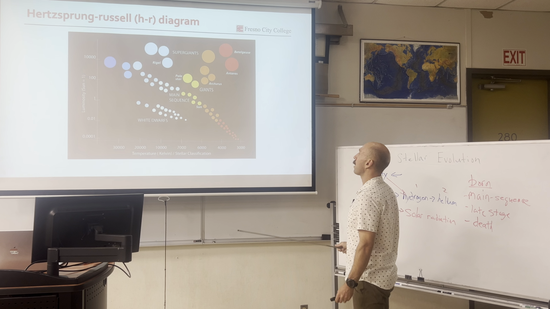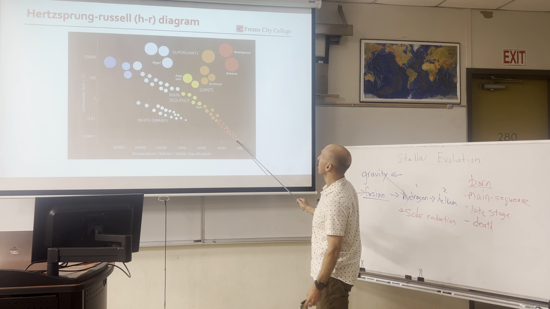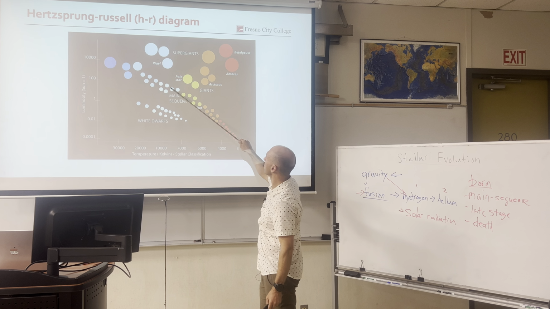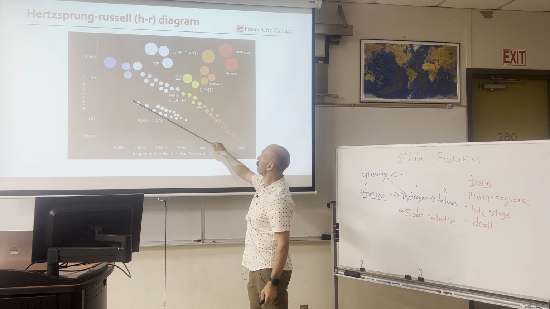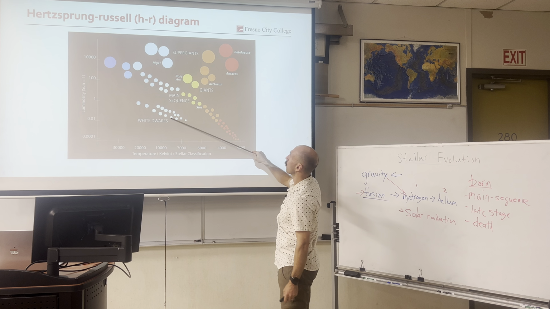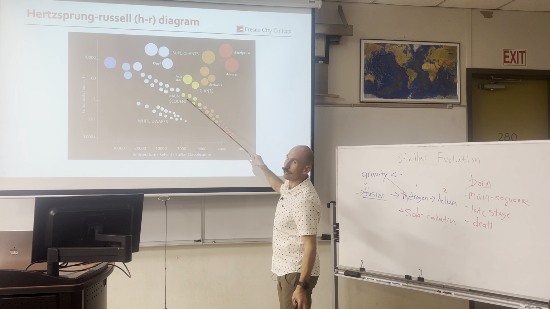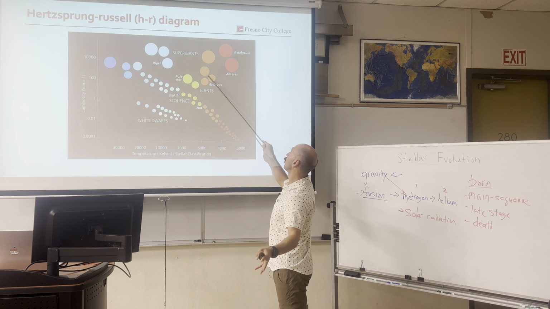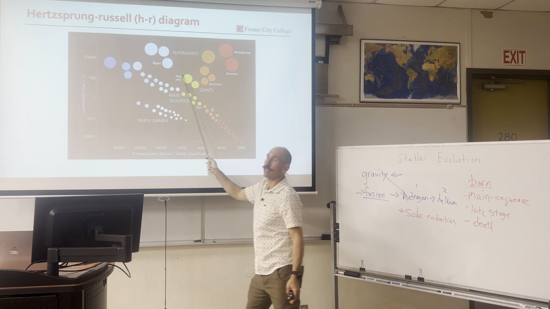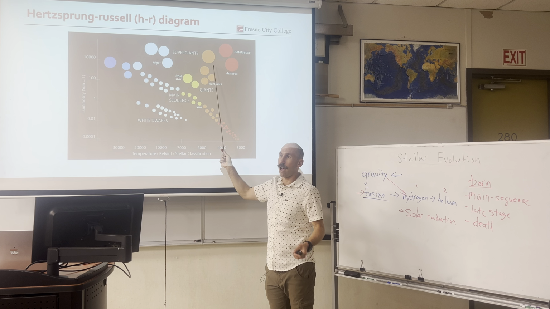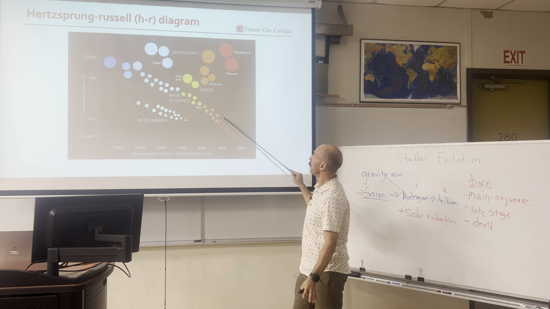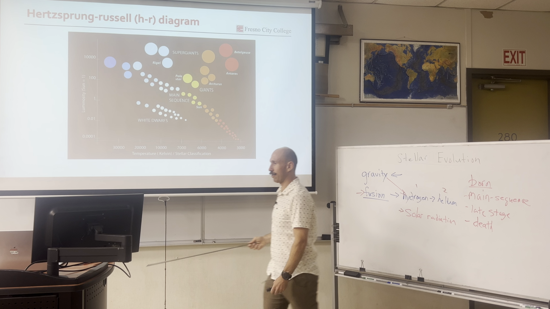This is a Hertzsprung-Russell diagram, or HR diagram. Here we have stars that are being born. This is the main sequence. For small mass stars, they phase out and come right back down into white dwarfs with solar nebulas. The star might expand into a giant, a red giant, or a supergiant. These are the stars that at their fate are going to explode and become either a neutron star or a black hole. So different pathways for different stars.